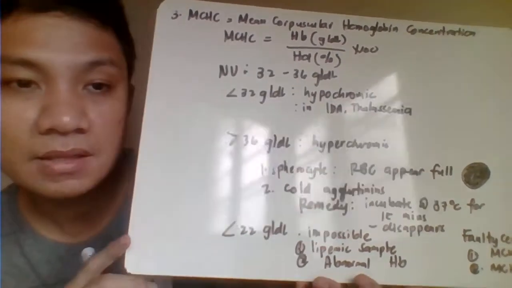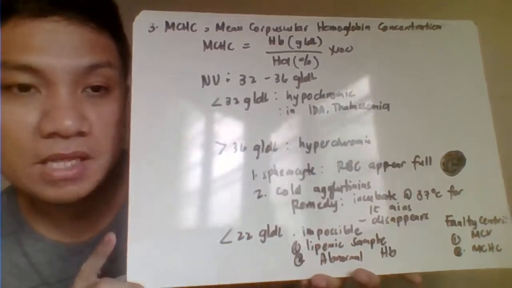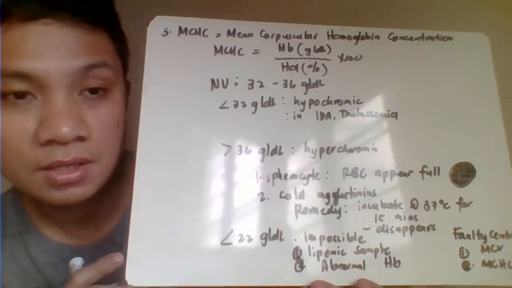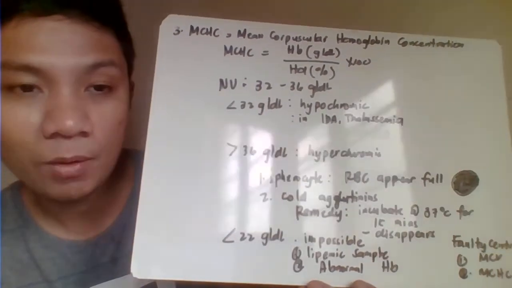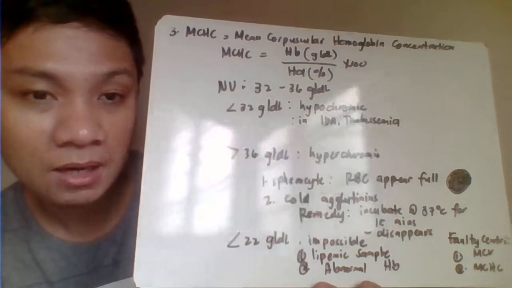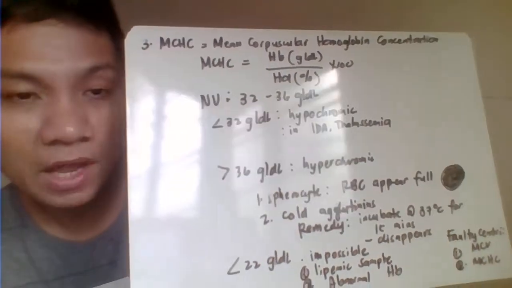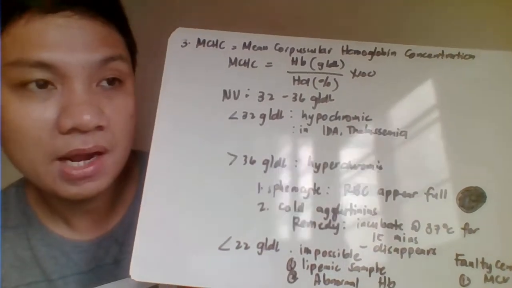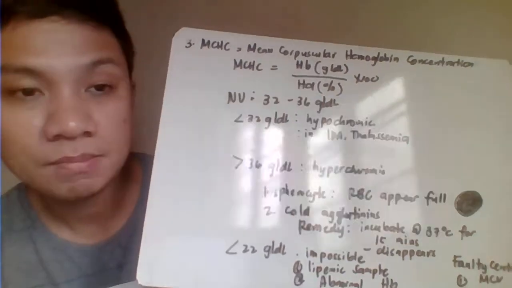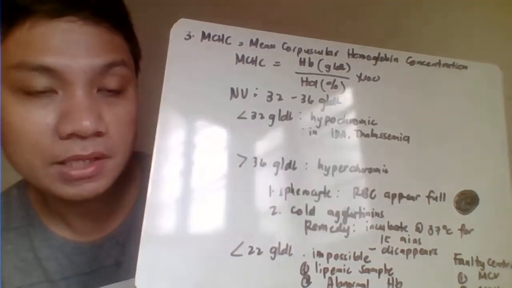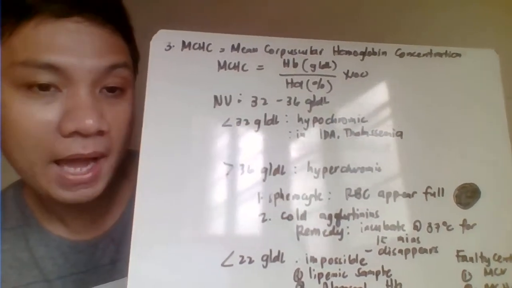The next blood index, we have here the MCHC or the mean corpuscular hemoglobin concentration. This measures the degree of anisochromia or defects in our hemoglobin content. MCHC is obtained as your hemoglobin in grams per DL over your hematocrit in percent, multiplied by 100.